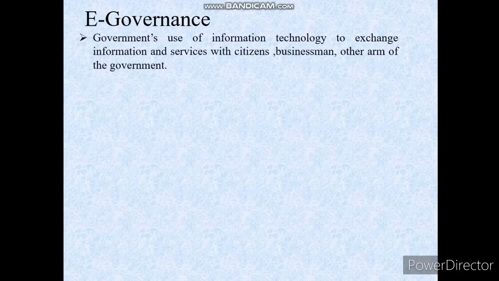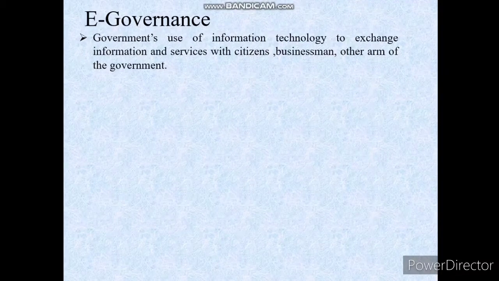So, e-governance refers to the government's use of information technology to exchange information and services with citizens, businessmen, and other arms of the government, right?